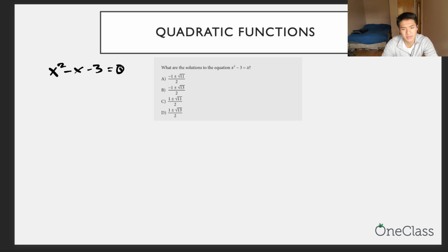And then the next thing we can do is take a look at, just off first glance, what approach or tool that we have used is going to be best suited for this question. Taking a look at these answer choices, we can see that they're all in a very unique format. They all have a constant plus or minus a radical on the right side divided by a constant.